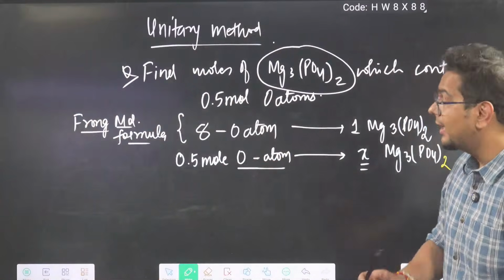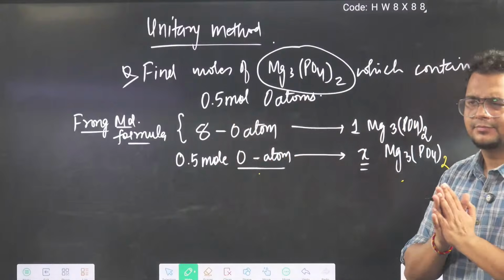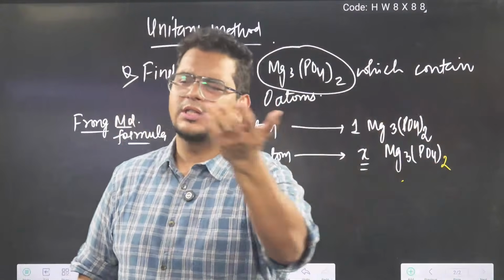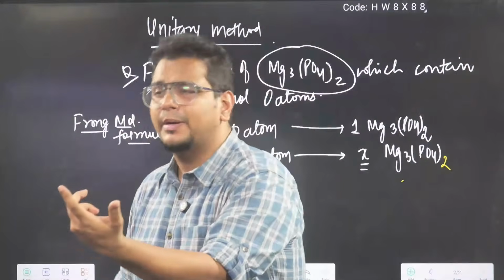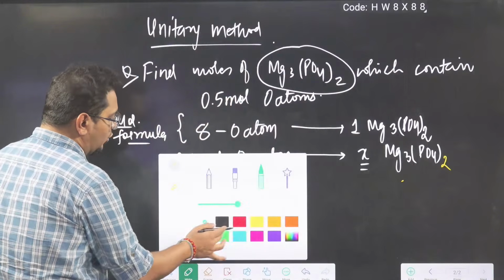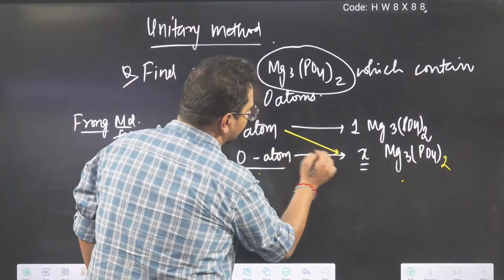But in the question they are giving me O, asking me magnesium phosphate. So that relation I have written. Now for the unitary method, one method is: this much O, this much magnesium phosphate, so 1 O, how many, etc. In case you know it, great. In case you don't know, rather than trying to learn it, I will say preferably learn this way.